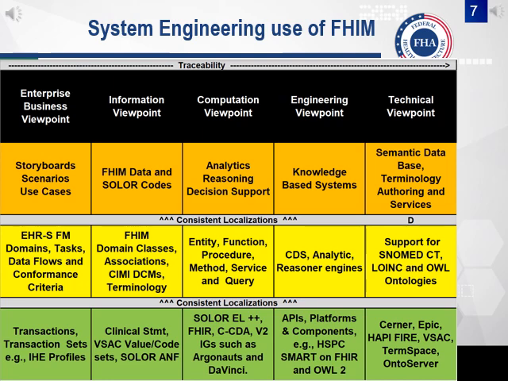EHRS-FM is the HL7 EHR System Functional Model and is led by the HL7 EHR work group. SAIF ECCF is the HL7 Service-Aware Interoperability Framework Enterprise Compliance and Conformance Framework, which is based on the ISO RM-ODP, International Organization for Standardization Reference Model of Open Distributed Processing.